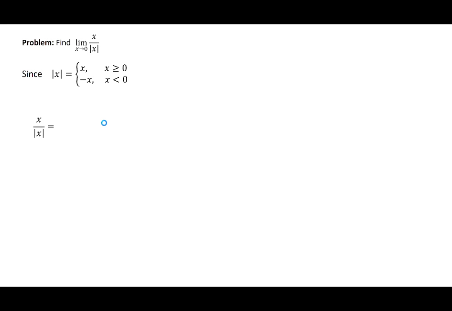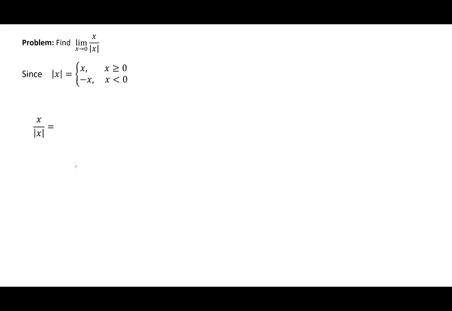What can we say about x over absolute value of x? Any idea? We are supposed to look at x over absolute value of x, but recall the definition of absolute value of x to be x if x is greater than or equal to 0, negative x if x is less than 0. I don't know what to do, man.